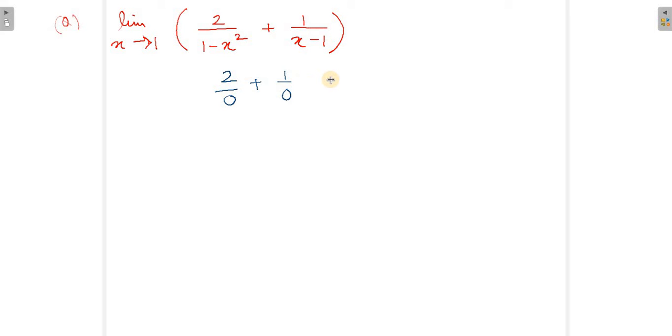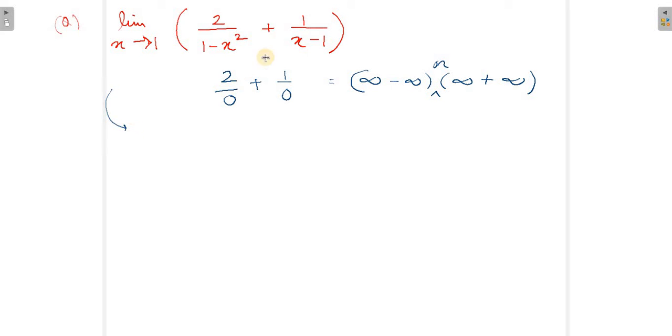That is exactly an infinity minus infinity, or you can say infinity plus infinity form. Actually you can say anything. So how can we solve this limiting value of the function when x tends to 1?